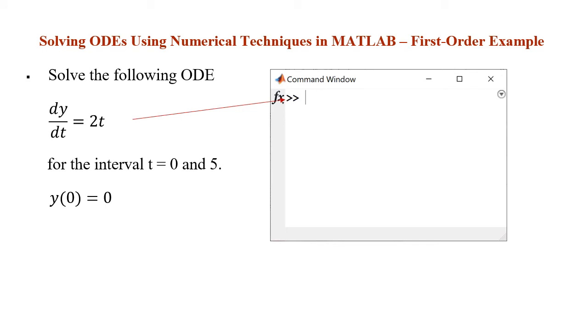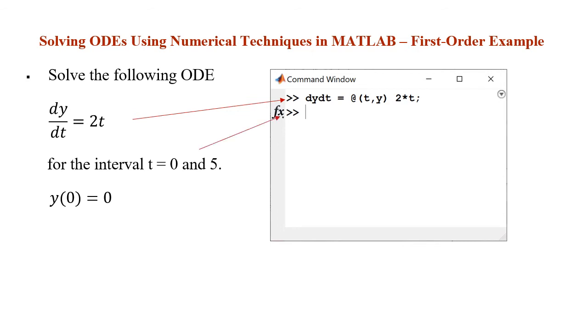So dy dt is a function of t and y. Even though y doesn't appear in the expression, it is still a function of t and y. So dy dt at t comma y, meaning what I'm going to write next is a function of t and y, and the expression is 2 times t.